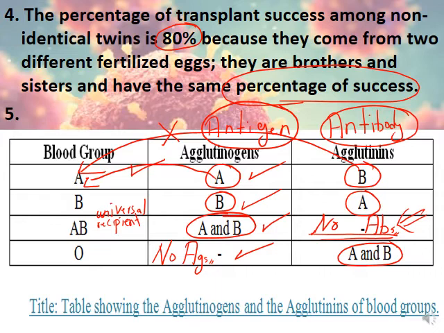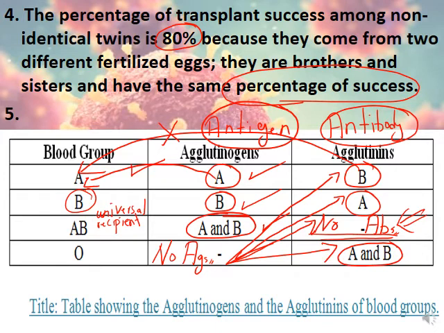In the recipient, blood group A has antibody B, so no antigen, so it can work. Blood group B has antibody A, so no antigen, so it can work. Blood group AB has no antibodies, so it works. And O for O, it works.